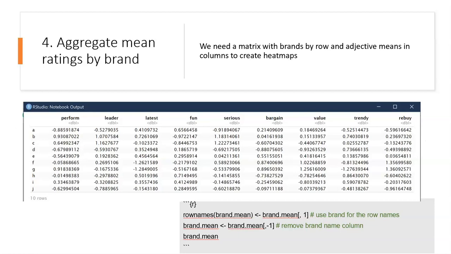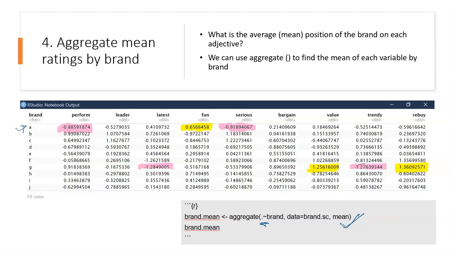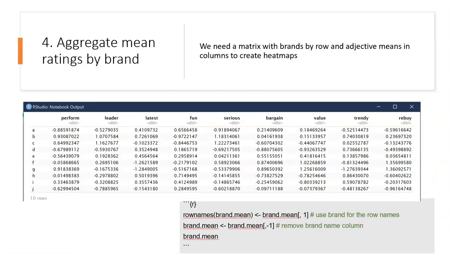Next, we need a matrix. We need to change certain things in this previous table in order to input it in the heat map that we will be making next, because it's easier to read this data through a heat map.